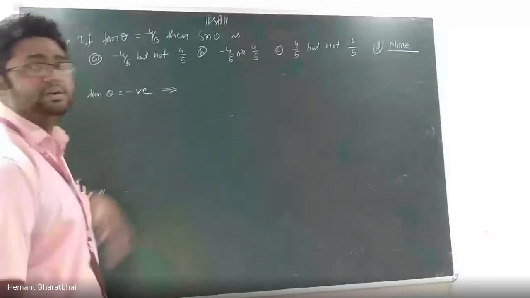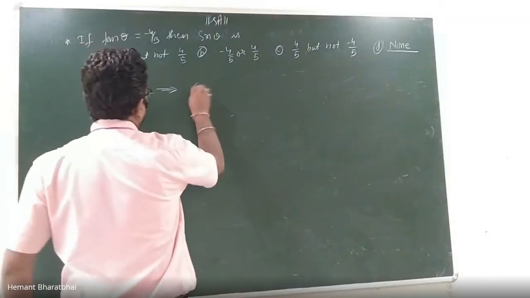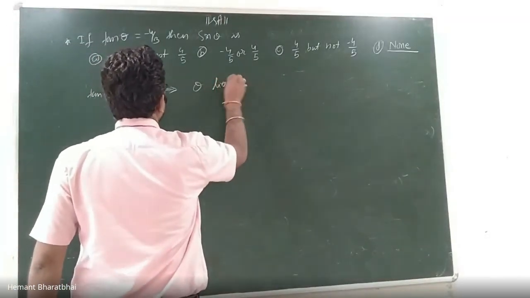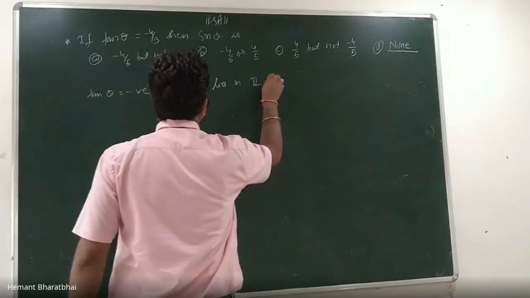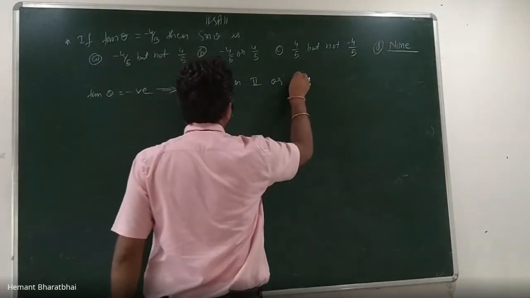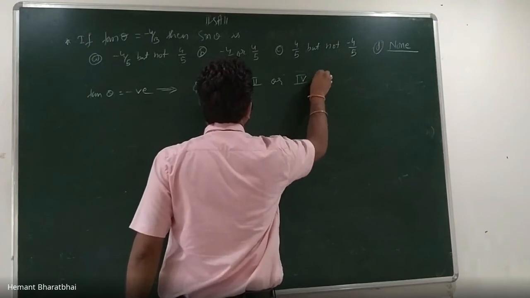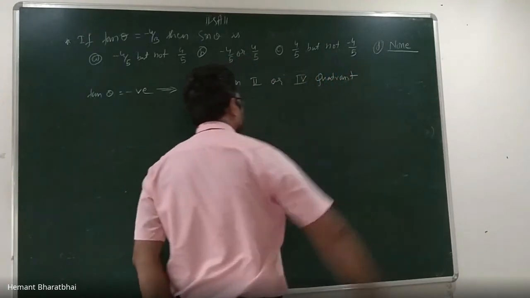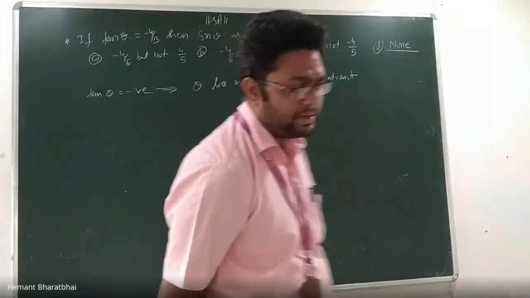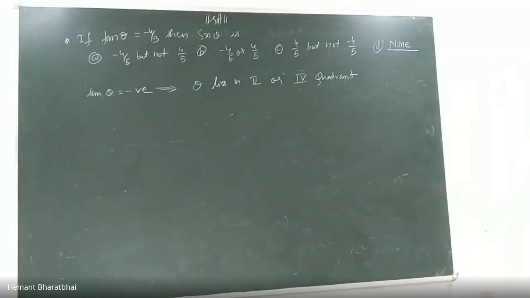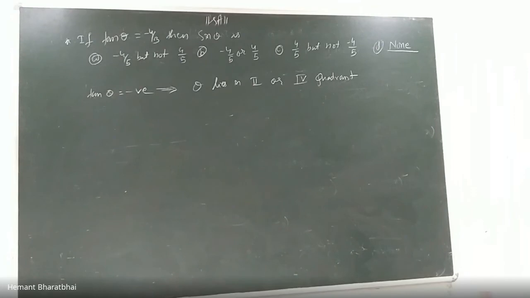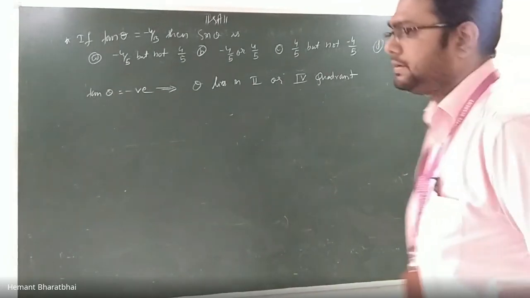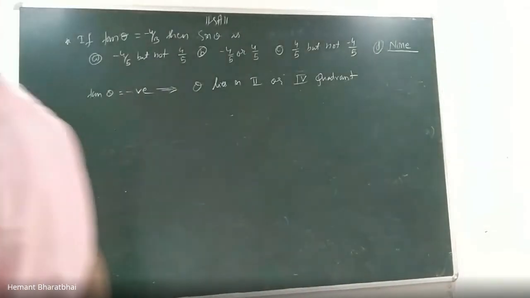If you have the value of tan as negative, it implies that theta lies in the second quadrant or in the fourth quadrant. These are the only two quadrants in which tan of theta is negative. In the first quadrant it is positive, in the third quadrant also positive.